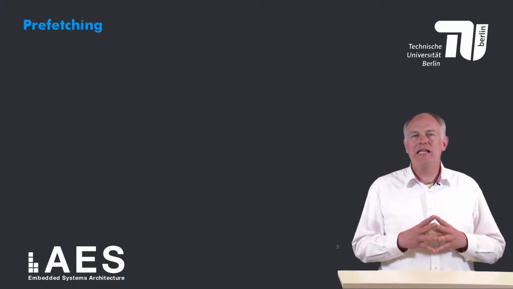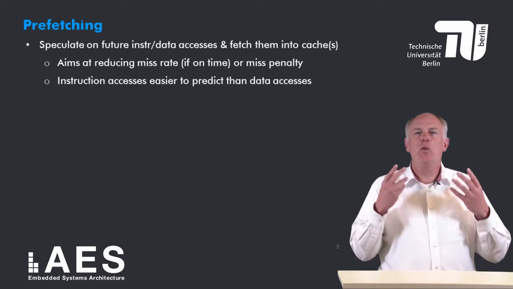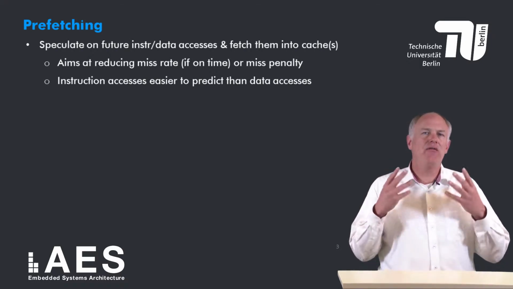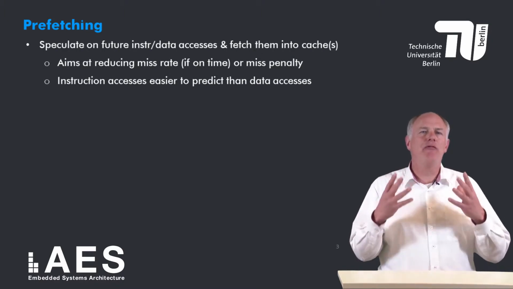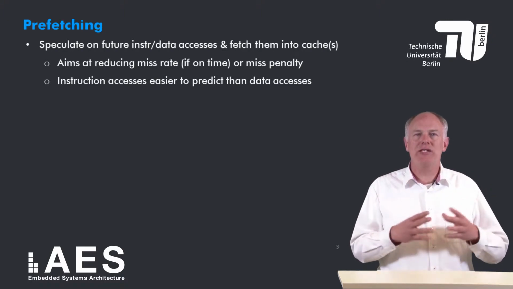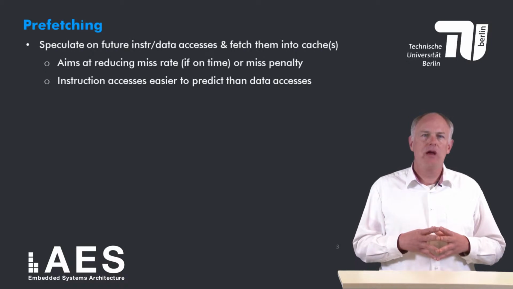The topic of this lesson is prefetching. When prefetching is employed, we speculate on future instruction and data accesses and fetch them into cache before they are needed. It is also possible to prefetch into a register, but in this lesson I will focus on cache prefetching.